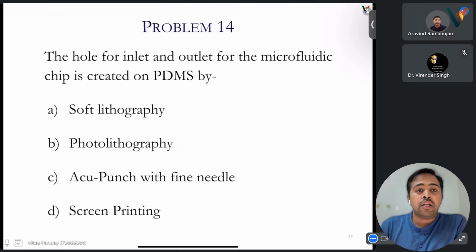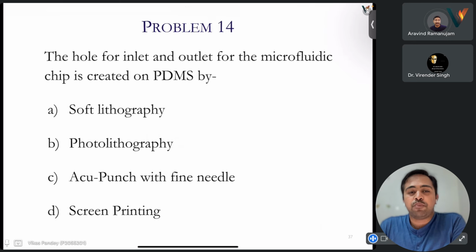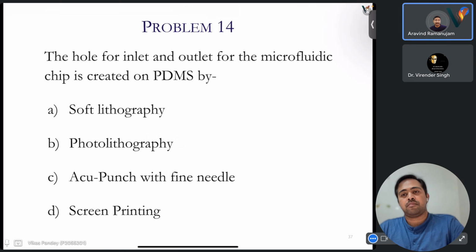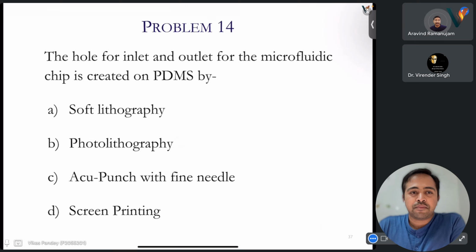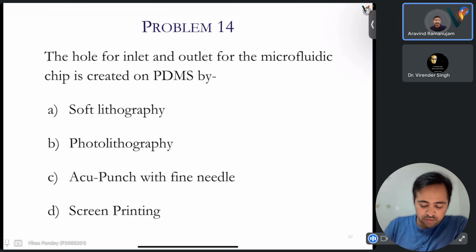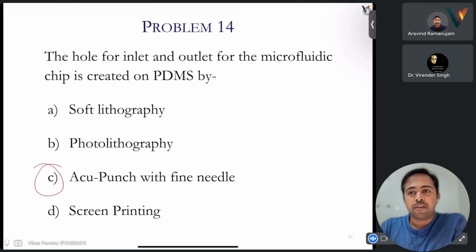The hole for inlet and outlet for the microfluidic chip is created on PDMS by soft lithography, photolithography, acupunch with fine needle, or screen printing. Yes, any answers? C, I thought so. Acupunch with fine needles.